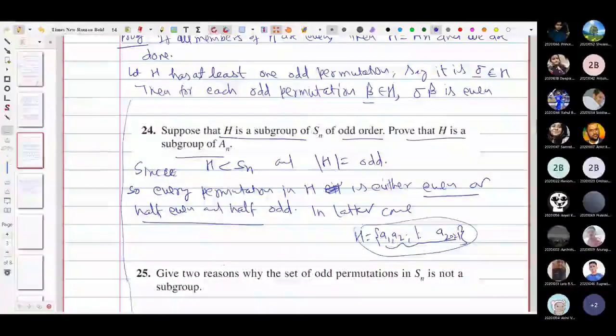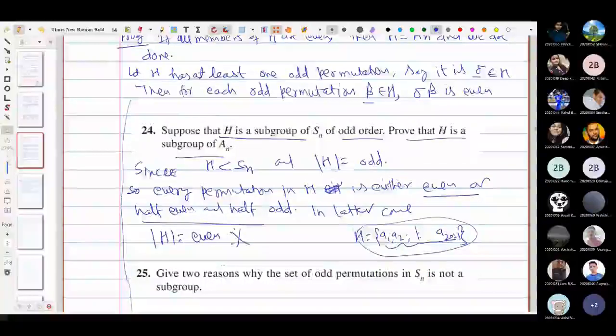So in the latter case, the order of H should be even, which is a contradiction because the order of H is given as odd.